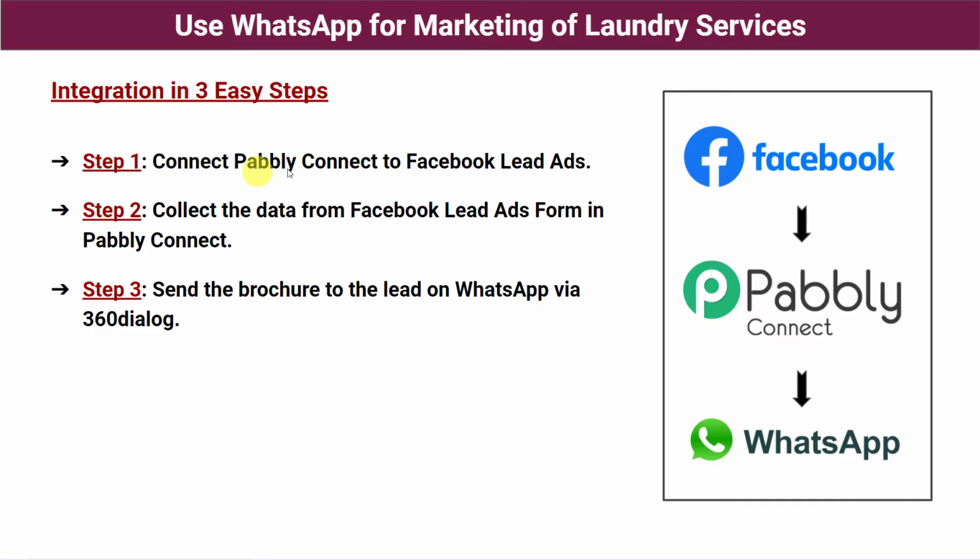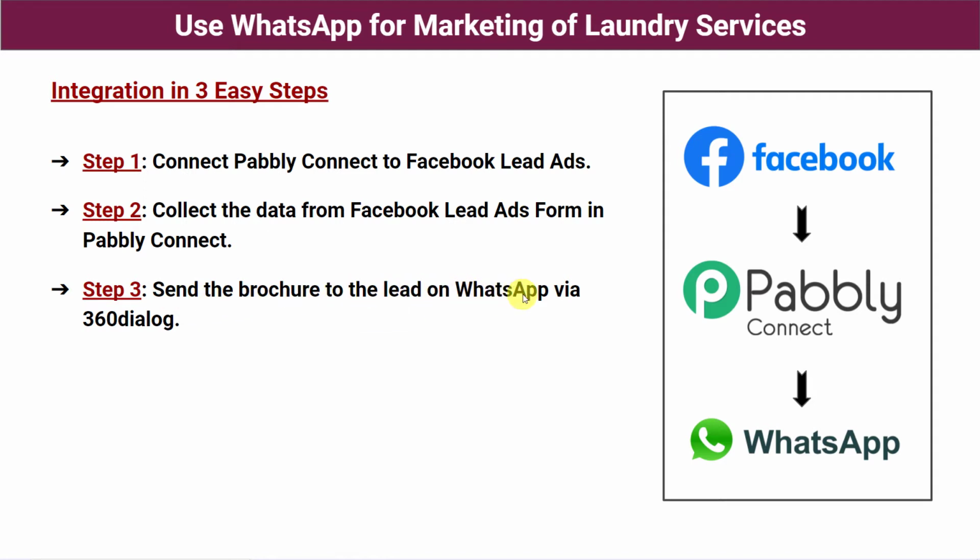Step 1. Connect Pabbly Connect to Facebook lead ads. First we have to go to Pabbly Connect and create an integration between Facebook and Pabbly Connect. Step 2. Collect the data from the Facebook lead ads form in Pabbly Connect. At step 2, Pabbly Connect is going to capture the data from Facebook lead ads. Step 3.